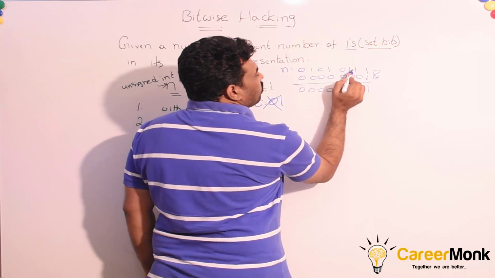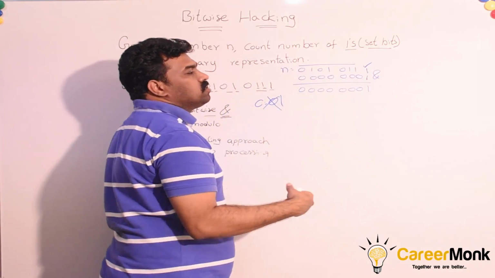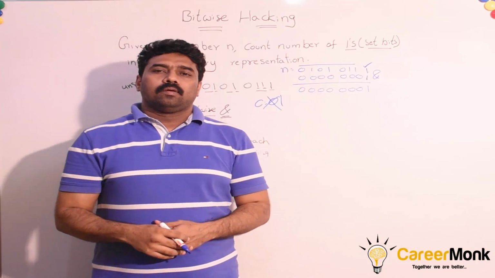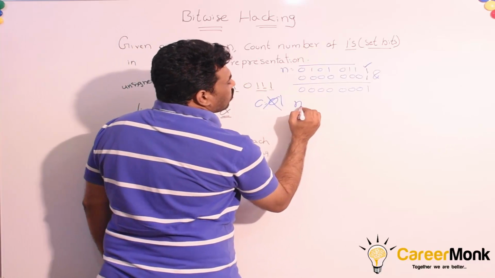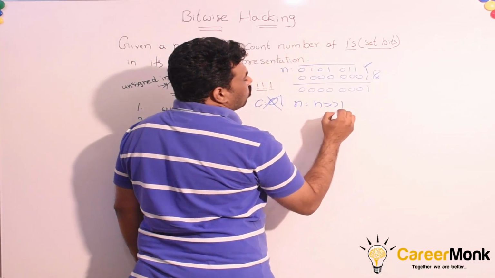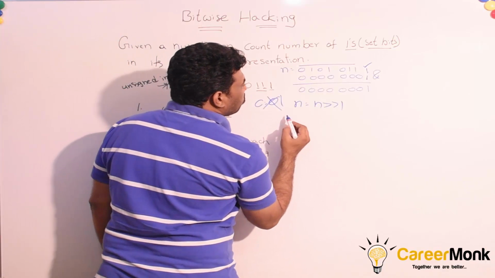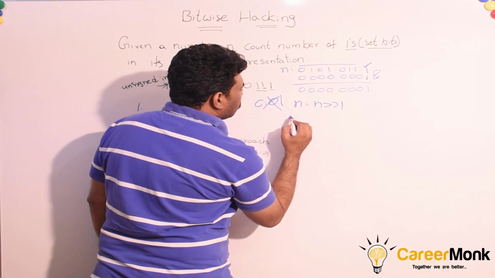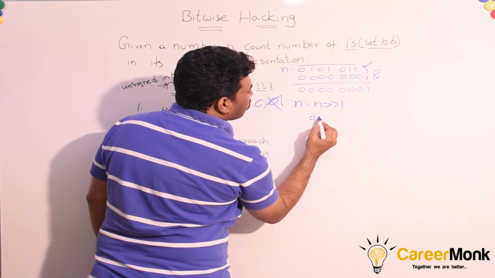So how do we process the remaining bits? We are done with the processing of the least significant bit. For that, we can shift the given number by 1 to the right. So we will perform one right shift operation. After the first shift operation, this bit will go away.